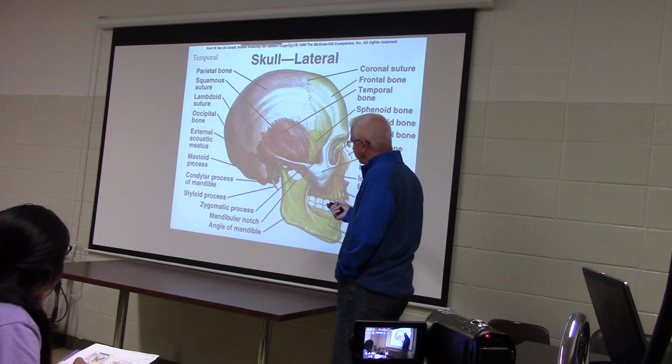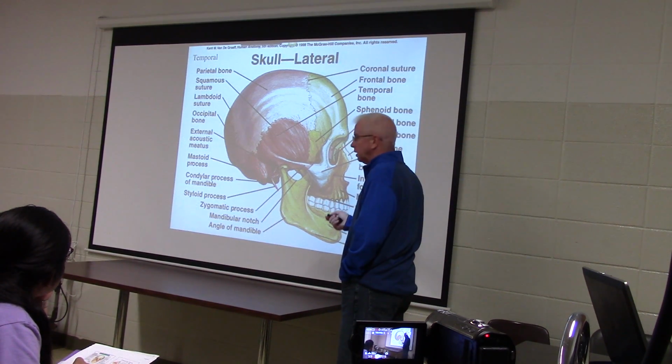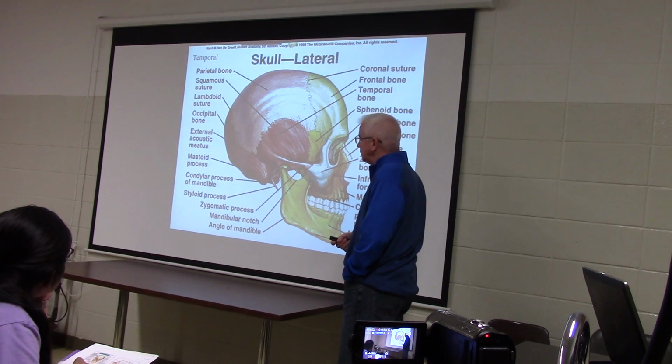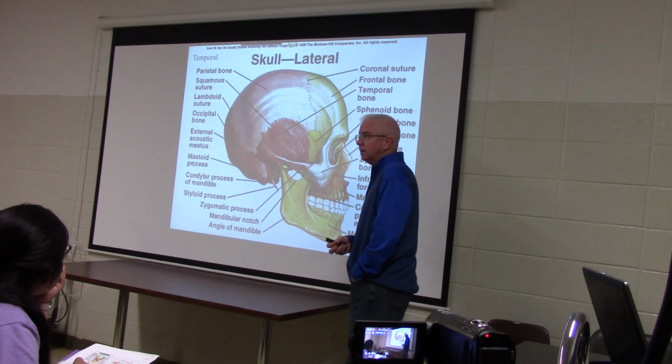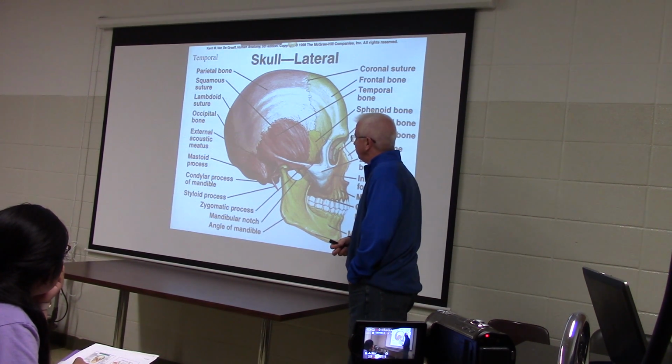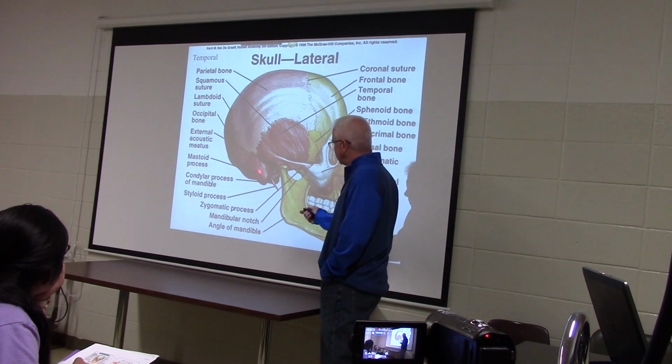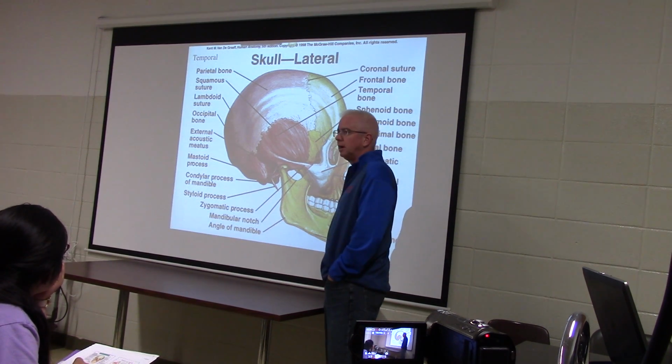So first, let's notice that the temporal bone has a mastoid process here. It is the bony knot behind your ears. That bony knot serves as a very important anatomical landmark, as I mentioned to you already, very briefly, for a bone conduction test for hearing called the Rinne test. The mastoid process, as we will also see, is a very important attachment for muscles.